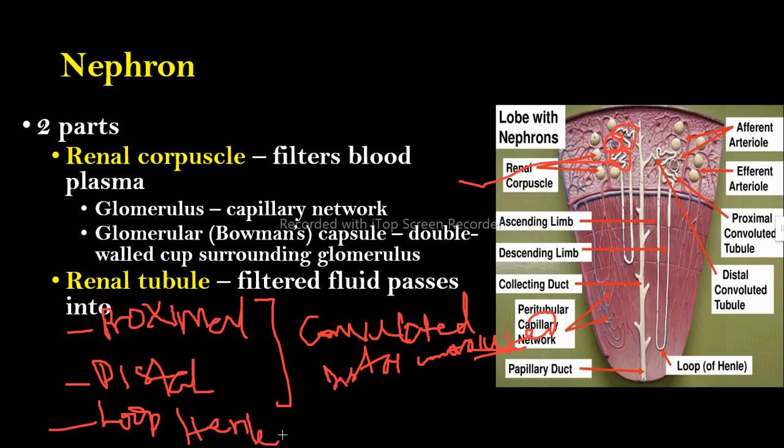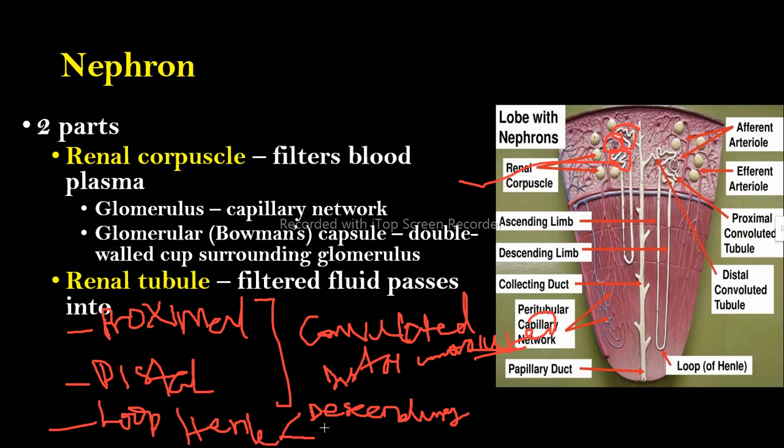And this one is divided into two tubes. Descending means moving down: the descending loop.